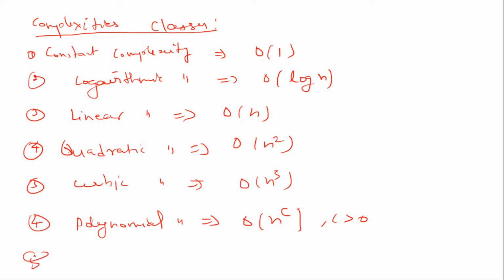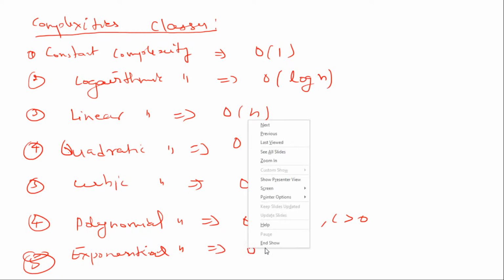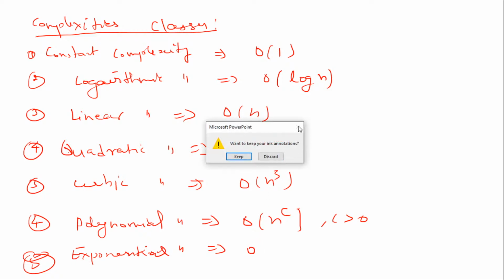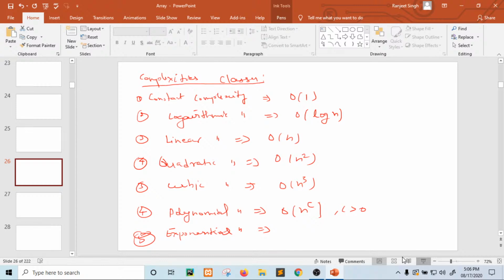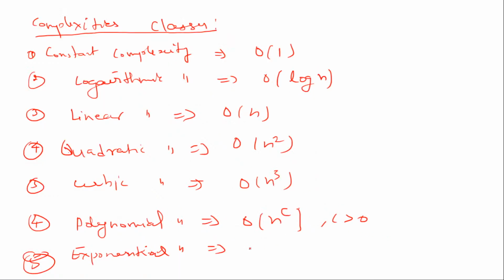Now fifth, exponential complexity. Exponential complexity, order of c to the power n, where c greater than 1.